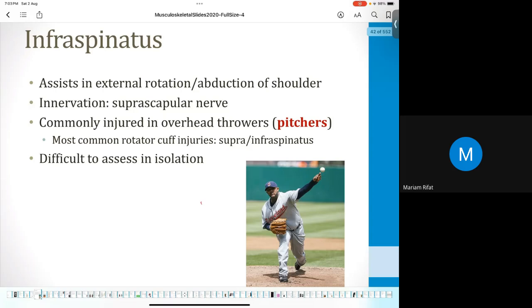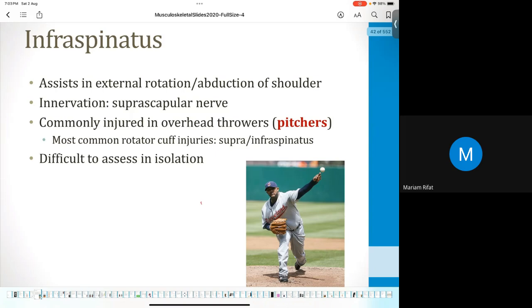But an important thing about supraspinatus we discussed is that commonly we have impingement of the tendon between the acromion process and head of humerus. Do you guys remember that? And the test to look for injury of supraspinatus, what was the test we discussed? Empty can or full can test, right?